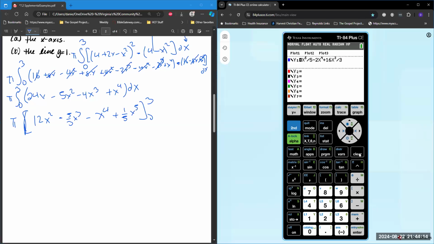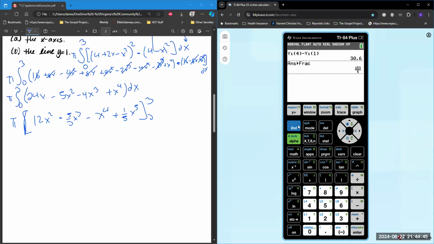So let's make this now 12x squared minus 5/3 x to the third minus x to the fourth plus 1/5 x to the fifth.